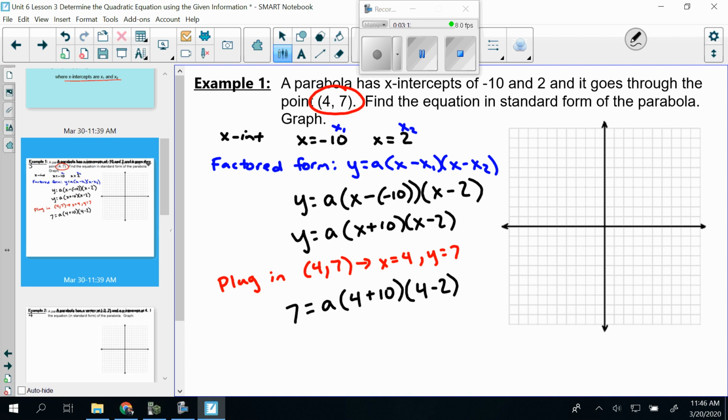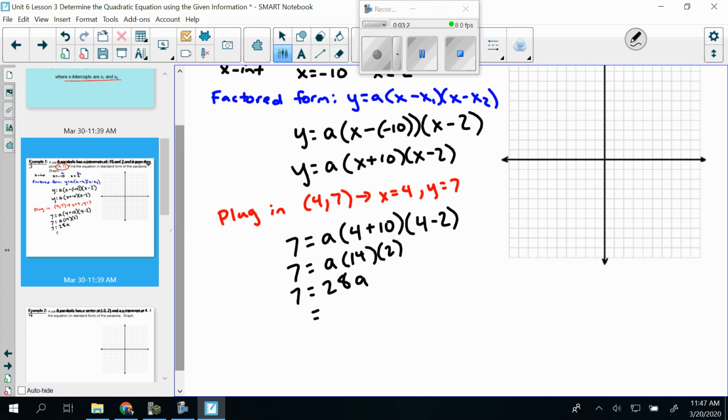So just doing a little math now, 4 plus 10 is going to be 14. 4 minus 2 is 2. Multiplying that together, that's 28. And dividing, we can now figure out what a is. a would be 7 over 28, or that's the same as a equals 1/4 if you simplify that. 7 goes into 28 4 times.